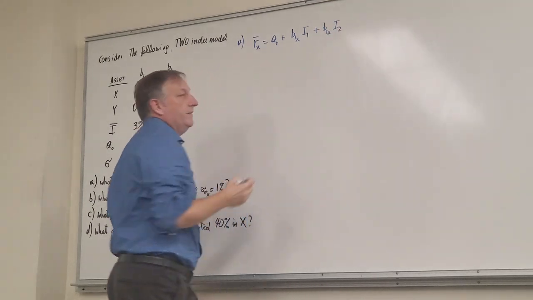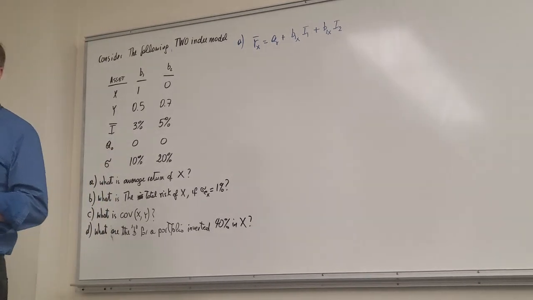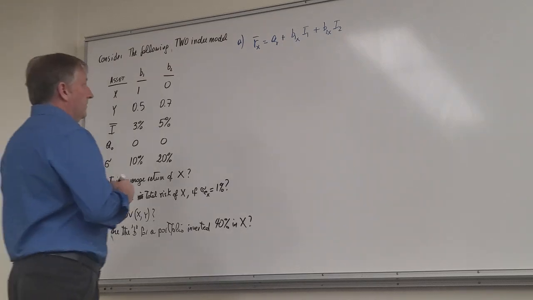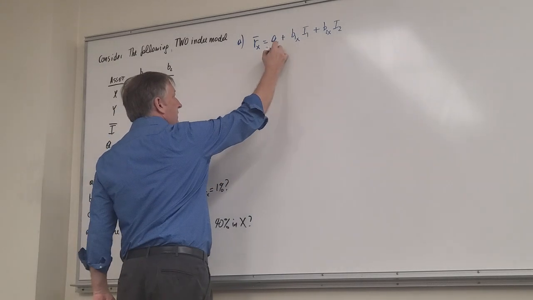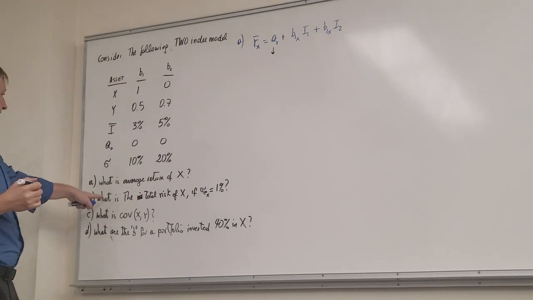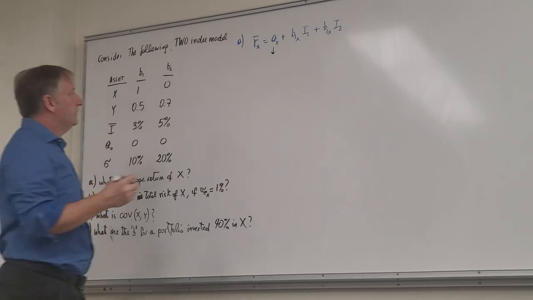You agree with that? So those are the only risk factors that we have, 1 and 2, and on average they have returns, so we're using this. So the expected return of X is zero.